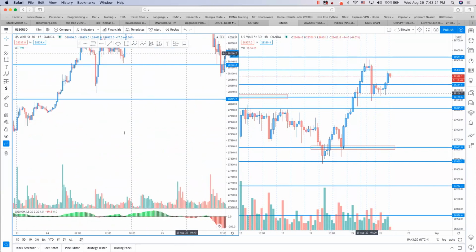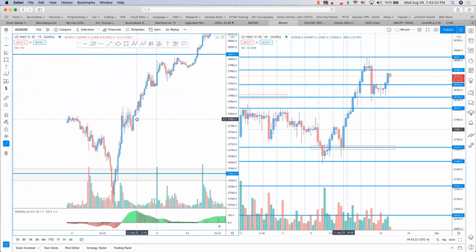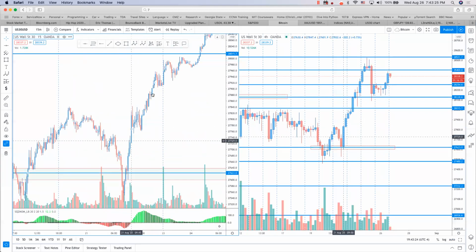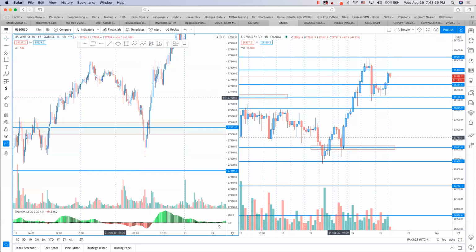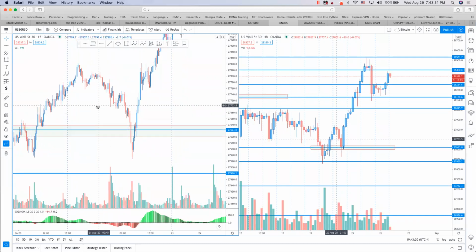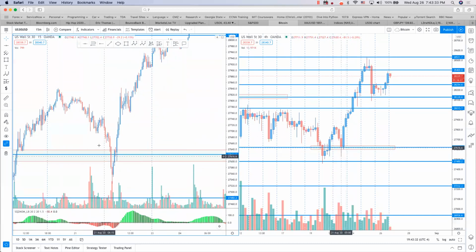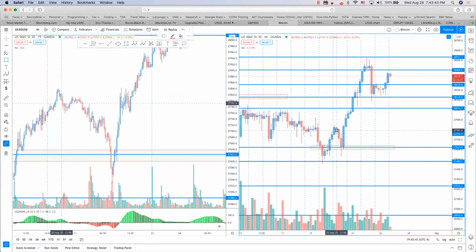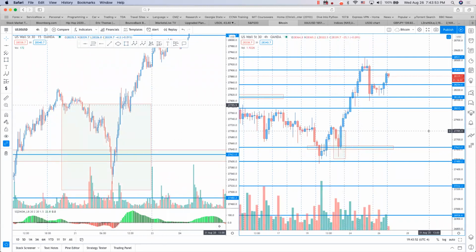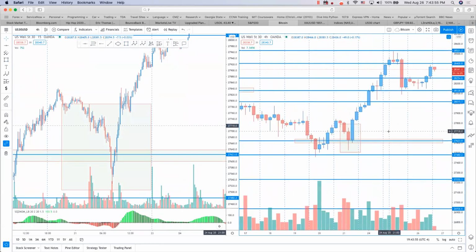Let me find that area right there. So I think we're right here, right? Okay, cool. So same area right here and right here, right? The candles we need to focus on are in between here. These are the candles we need to focus on. So let's zoom in.